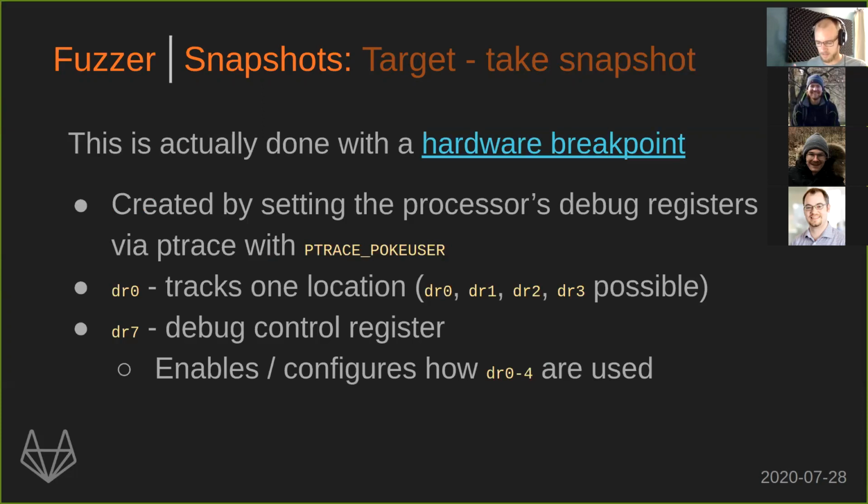What that gets us is we don't need to manually insert the breakpoint to trigger the fuzzing. So now we take the snapshot as soon as the data of interest, or the input to the program, is actually used. And in this contrived example, that gets us past that slow section.